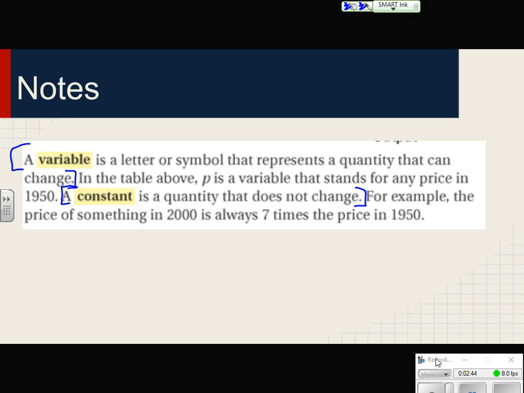A constant is something that does not change. So in the example we looked at where we were saying everything in 2000 was 7 times the price in 1950, we had an expression of 7 times P. 7 was the constant, and variable was P. Constant and variable. You can always put that down if you want as well, but get those definitions down before moving on.